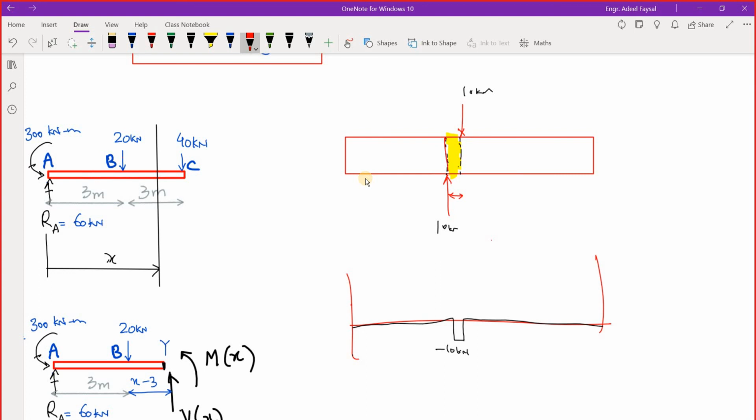Shearing will never happen along the line of action of any of these forces. It will happen somewhere in between these two. Shearing is related to sliding, and sliding cannot happen along the line of action of the force.